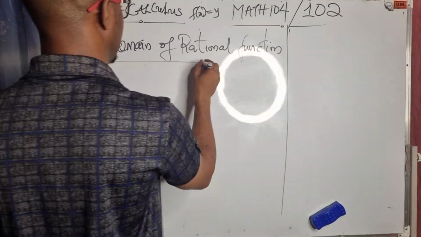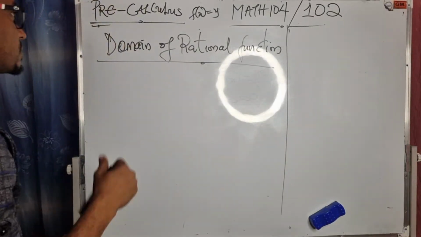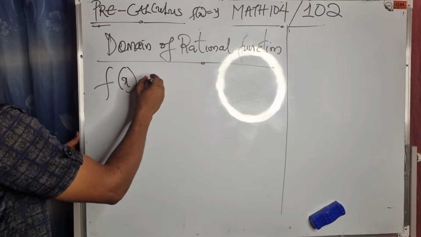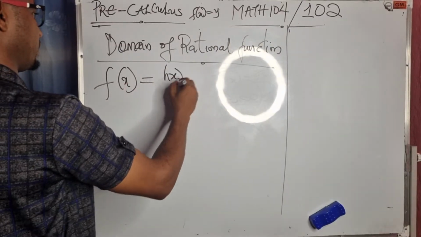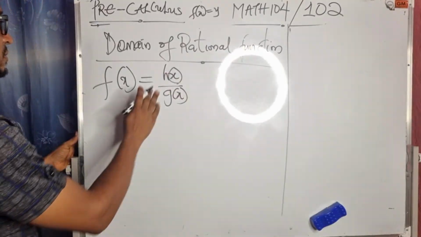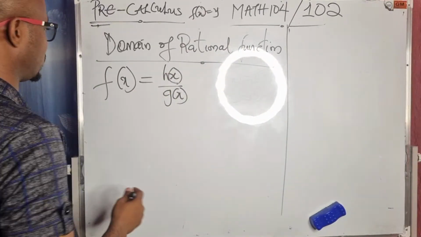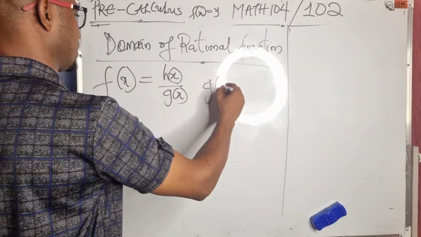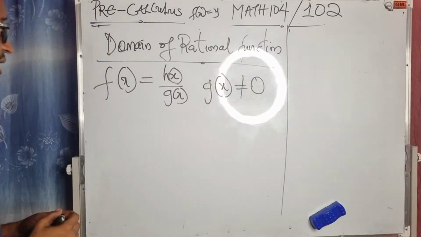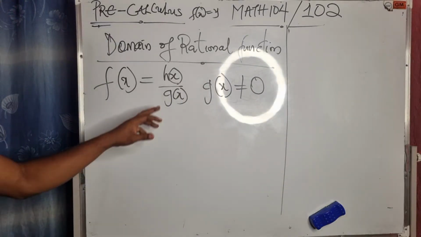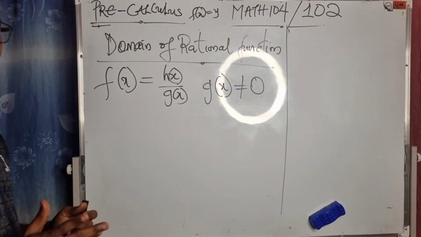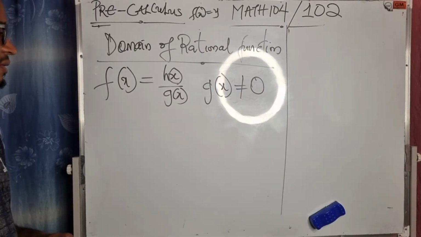What actually defines a rational function is that if we are given f of x equals h of x over g of x, you must take note that g of x must not be equal to 0. For this to be a rational function, g of x must not be equal to 0, meaning that the denominator must not be equal to 0.